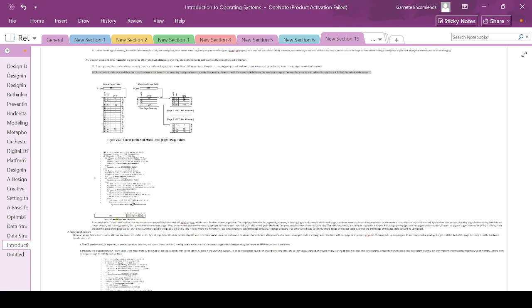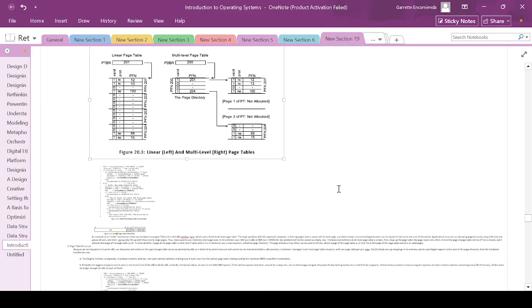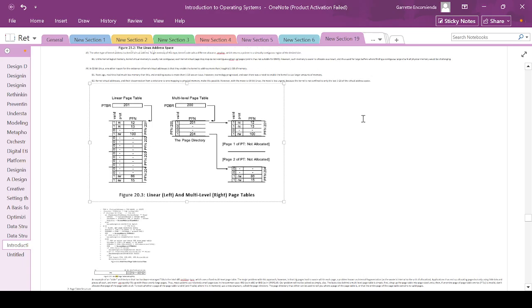However, with the move to 64-bit Linux, the need is less urgent because the kernel is not confined to only the last 1 gig of the virtual address space. So with 64-bit, the story is different because the kernel is not confined to this portion of the virtual address space, because again the logical portion is for the page table, the per-process part. It's also for DMA.